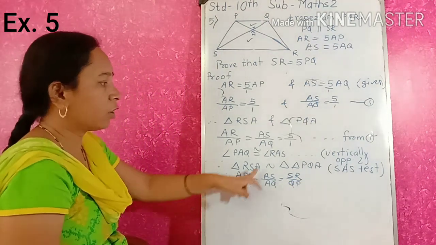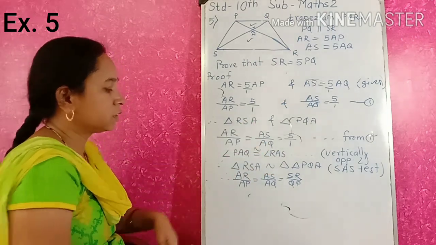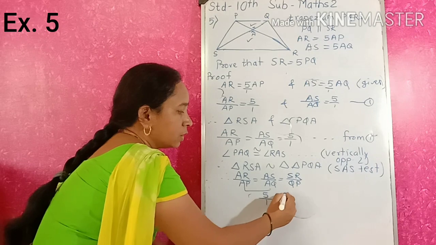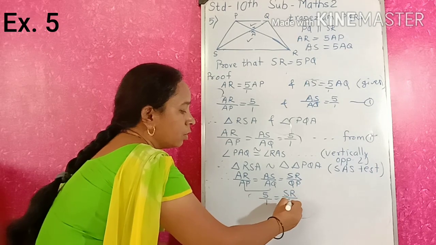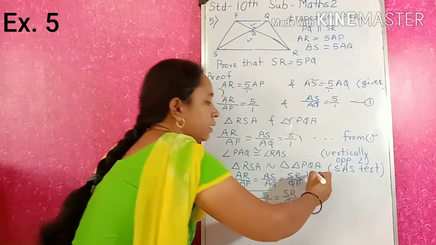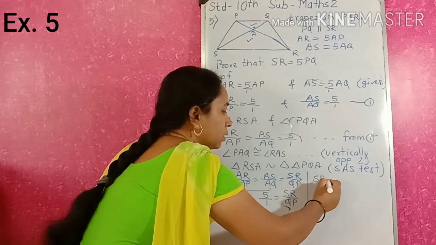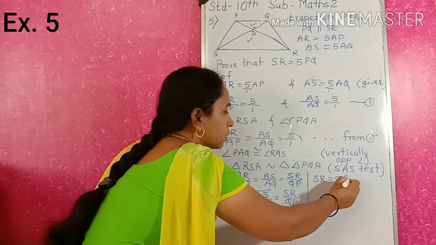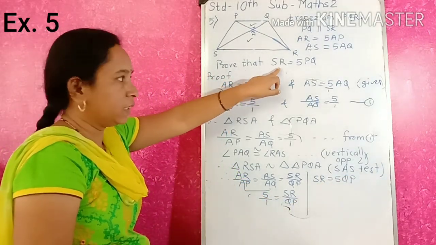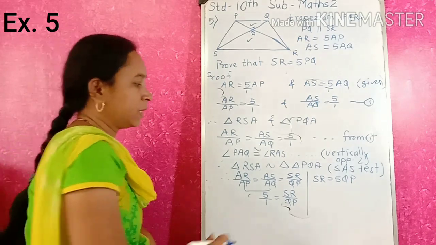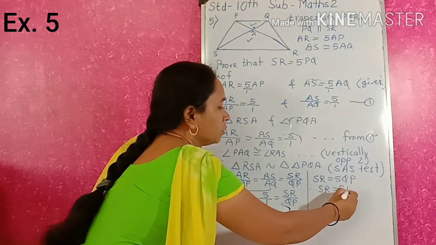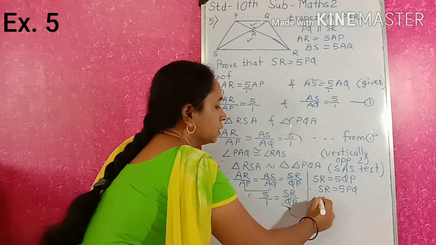And here from 1 we have got this value as 1, so 5 upon 1 is equal to SR upon PQ. Do the cross multiplication, you will get SR is equal to 5 times PQ. So just see what we have to prove. We have to prove SR is equal to 5 times PQ. So therefore SR is equal to 5 times PQ. Hence it is proved.